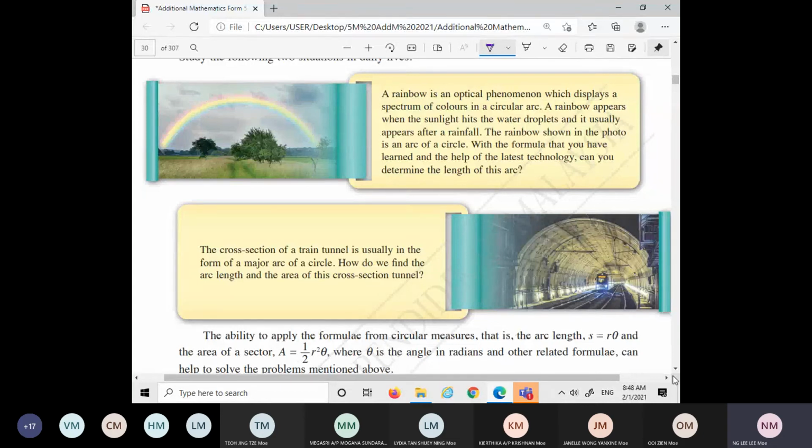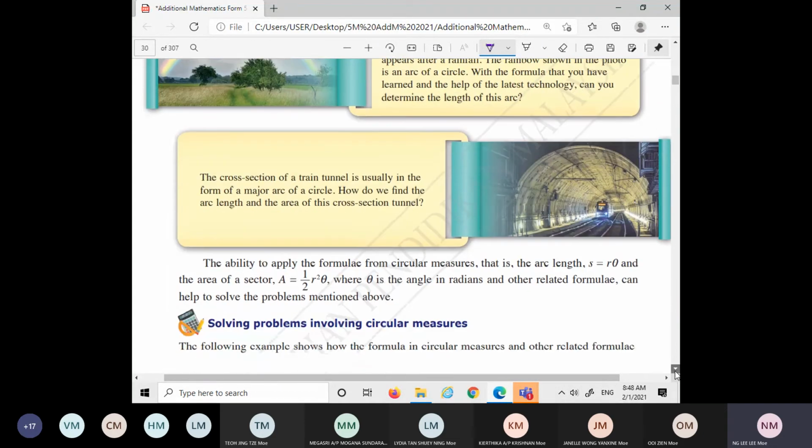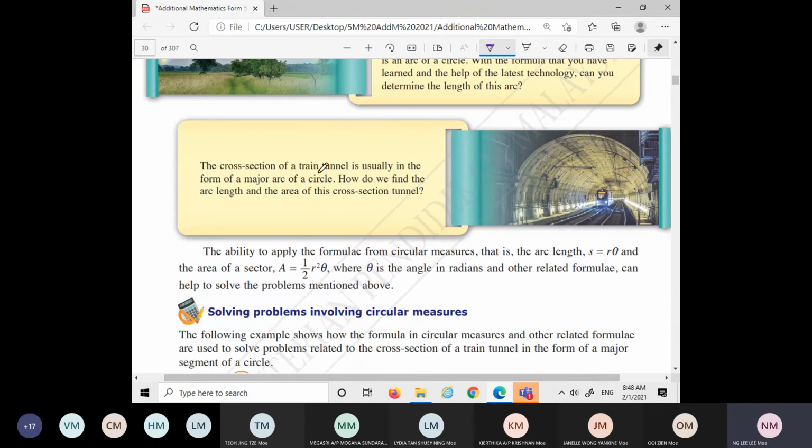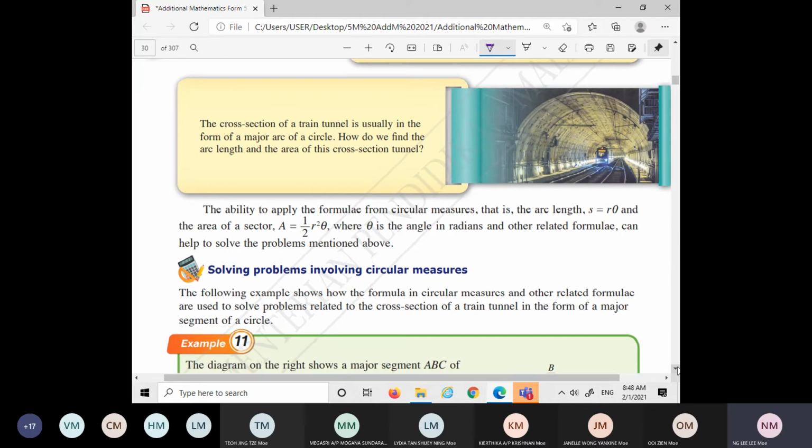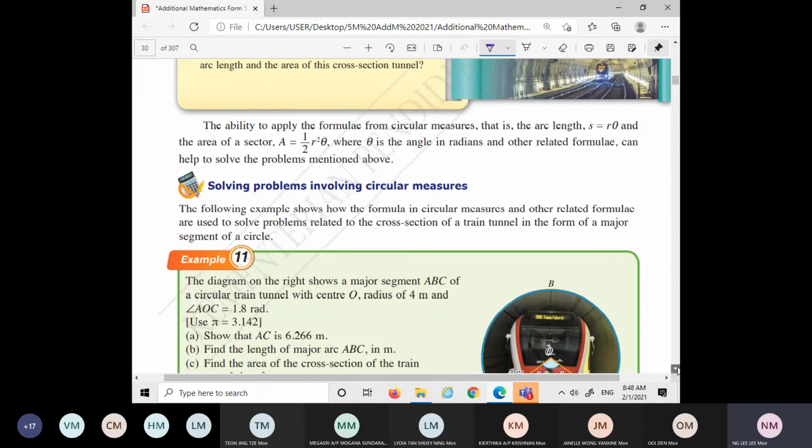But this is tunnel. The second application is a tunnel. So we'll look at example 11 afterwards. It is about this tunnel. How do we find the arc length and the area of this cross section tunnel? Now we're going to apply the arc length equals r theta, and then area of sector, half r squared theta, for you to solve this problem.